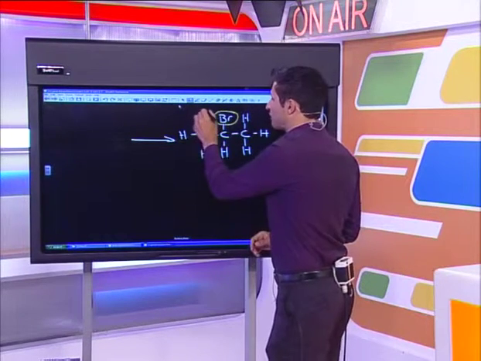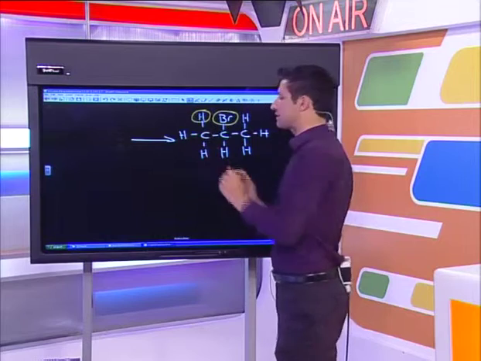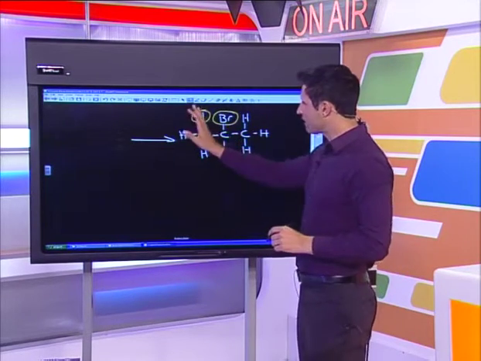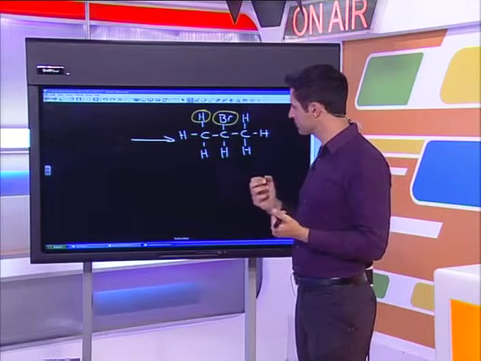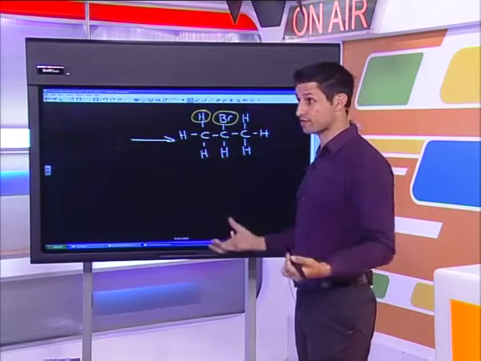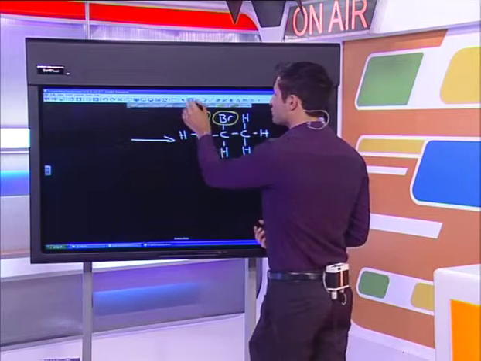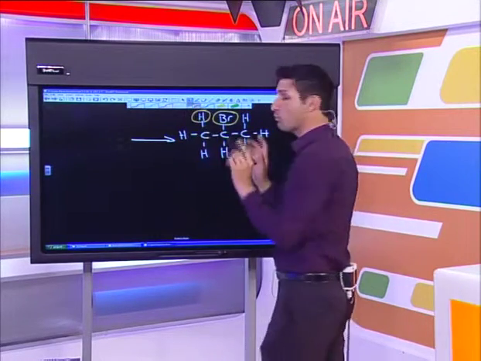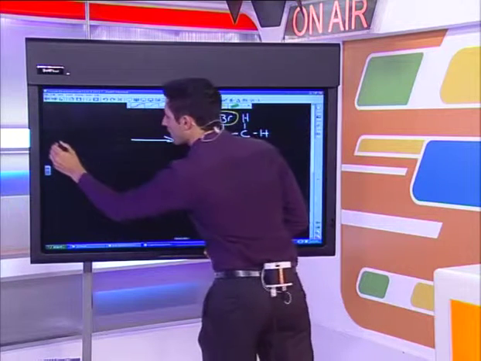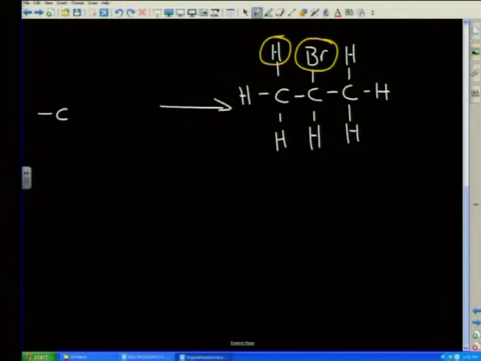So what I'm going to do is I'm going to figure out what else on this molecule could be there. Now, a lot of you might be asking questions about this. I'm going to ask John in a second. But I've got hydrogen and bromine which might have been added onto here. So let's pull them off and let's see what's left over. So I'm going to draw the molecule without the H, without the Br, and we're going to see what should be there. So I hope that you can see that there's something missing.